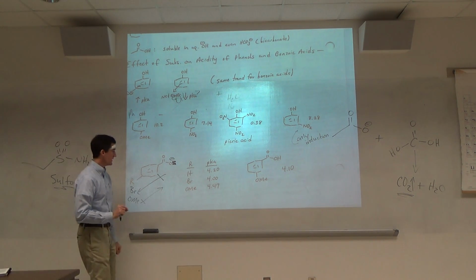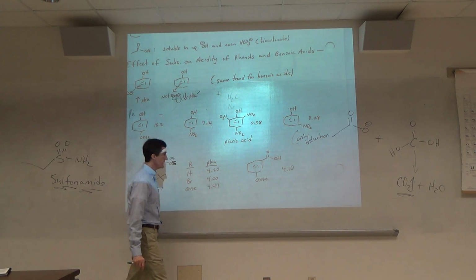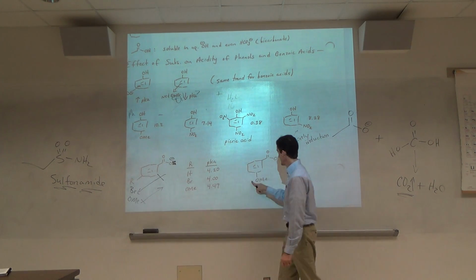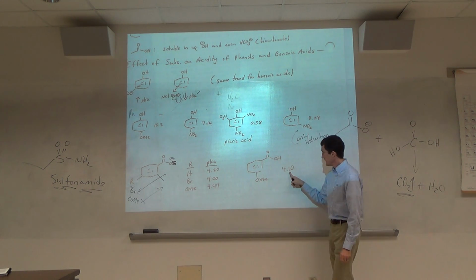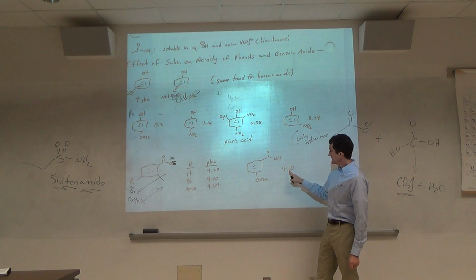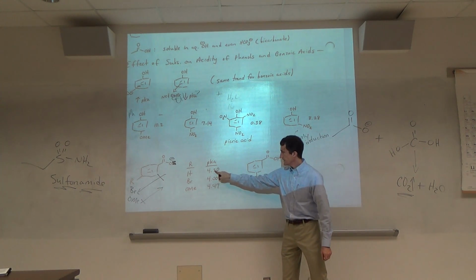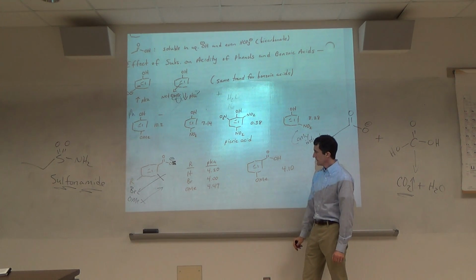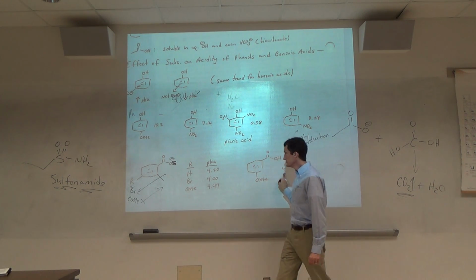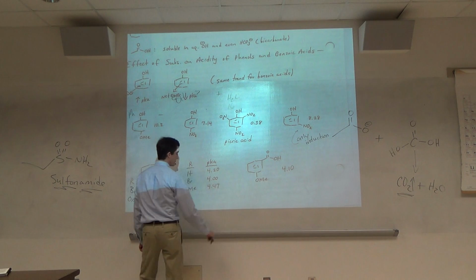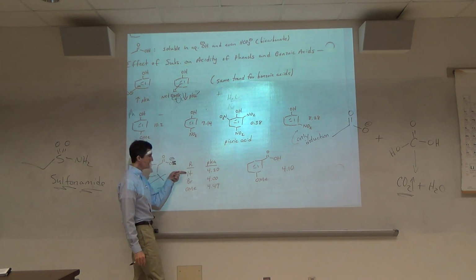But look at this over here. Not every methoxy is the same. If we put the methoxy in the meta position, it's actually more acidic than if it was not there. You recognize that?